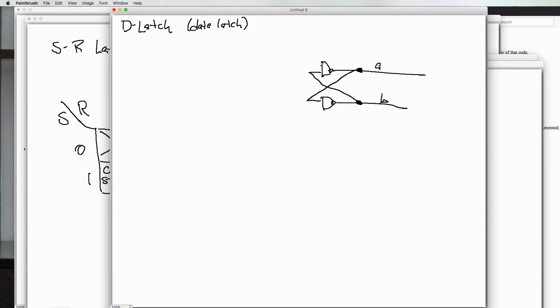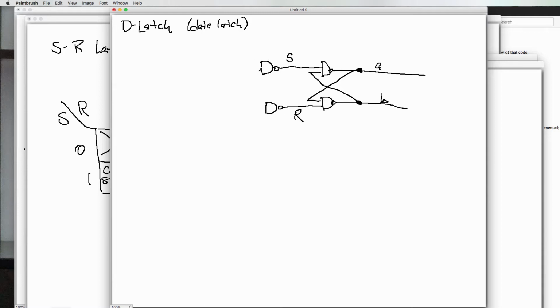And then we had this line over here, and we called this S. We had a line coming over here called R. But now I want to have another NAND gate here, like that.